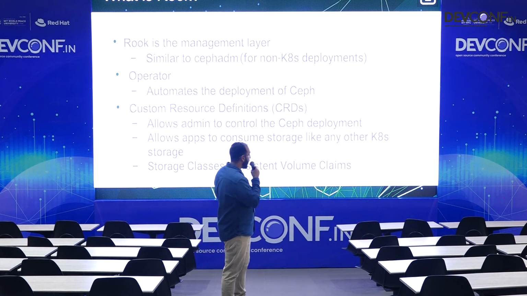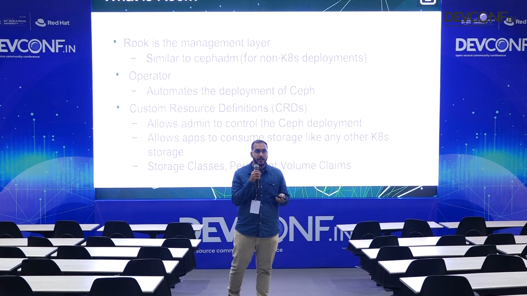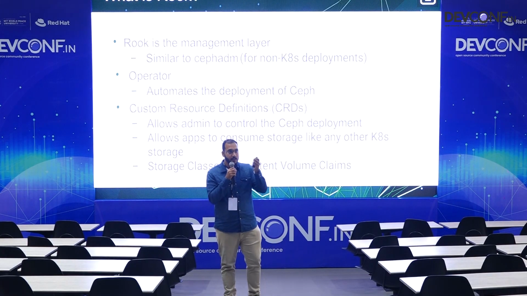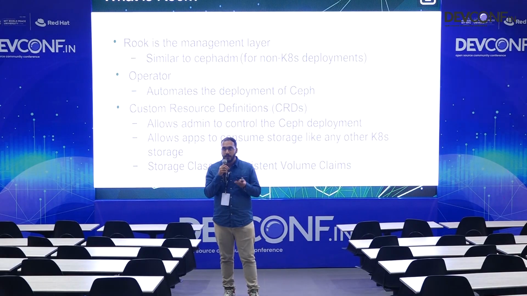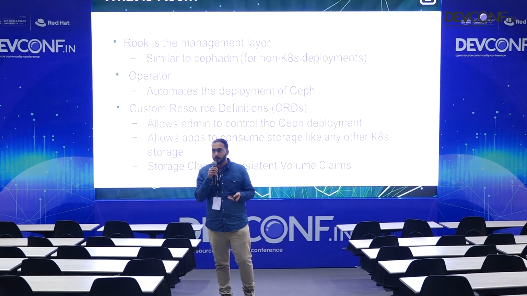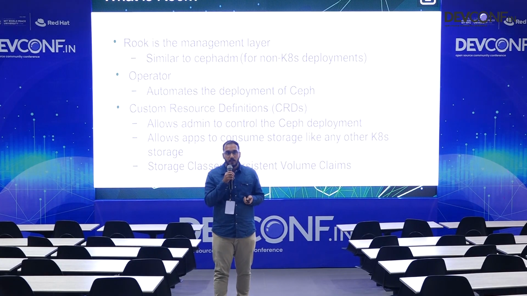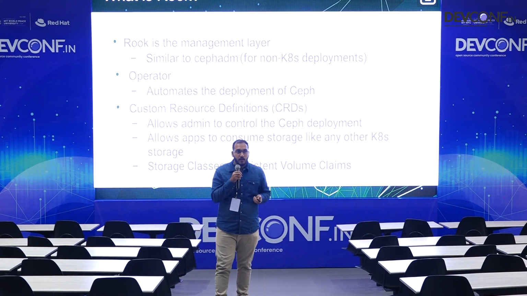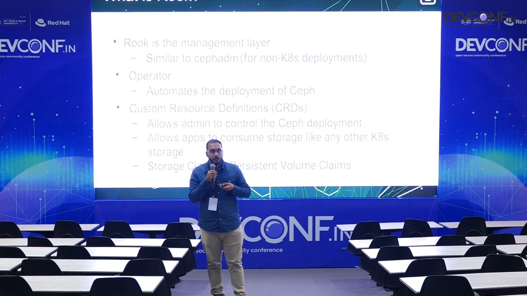If you're familiar with Kubernetes, it provides simple CRDs, custom resource definitions. It's just a YAML file that you use to configure how you want your storage to look. In that fashion, it brings Ceph to the Kubernetes world.